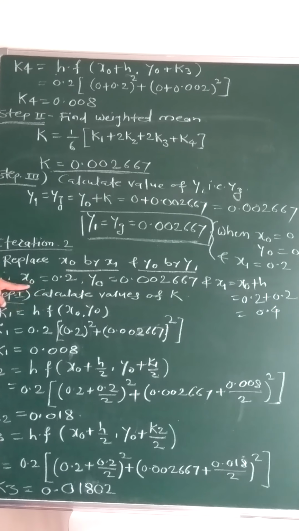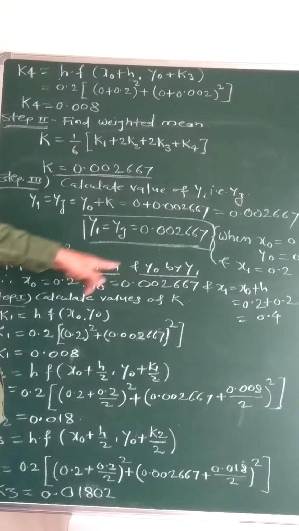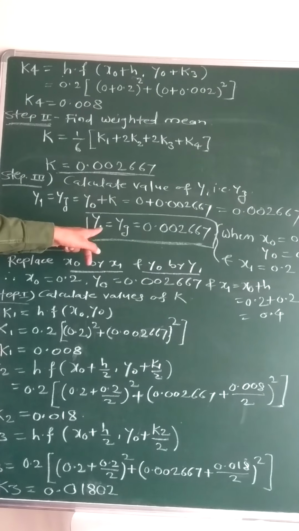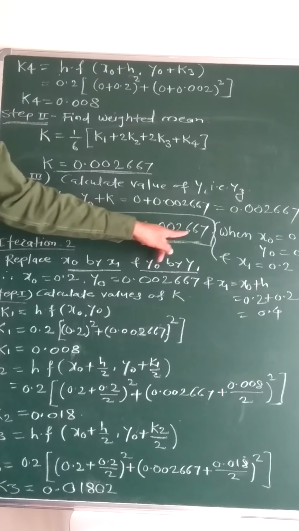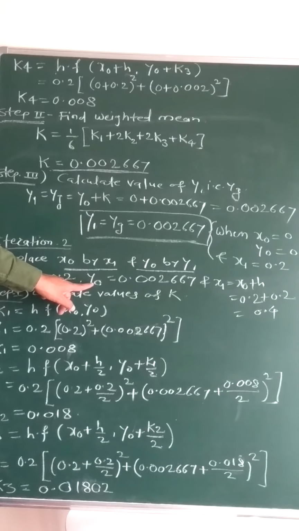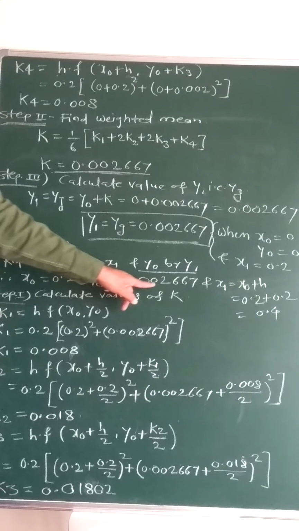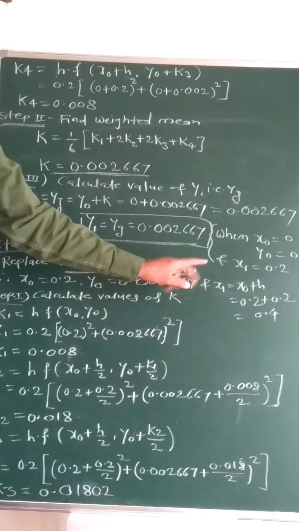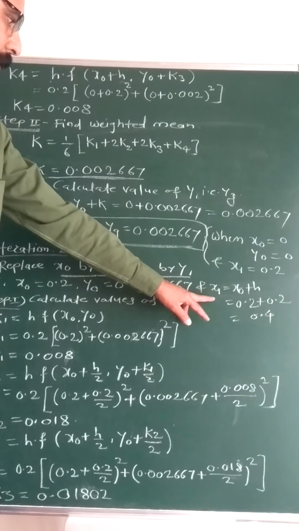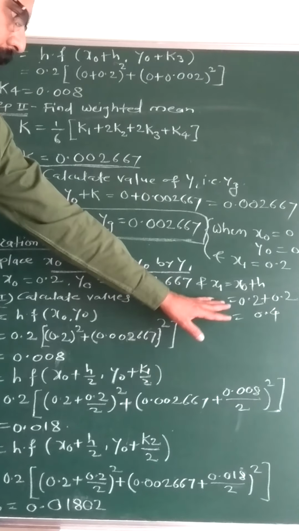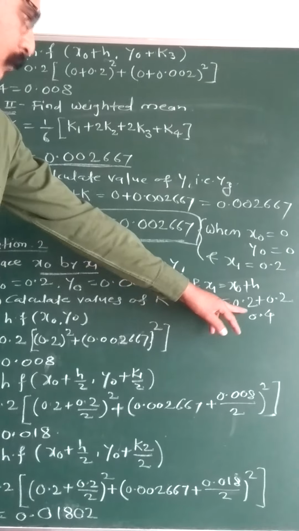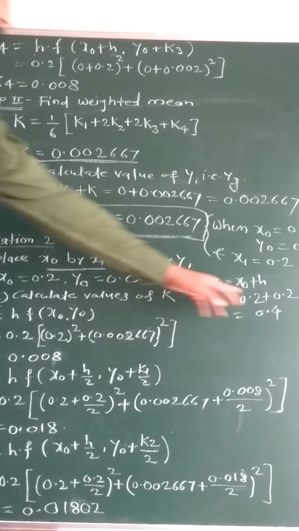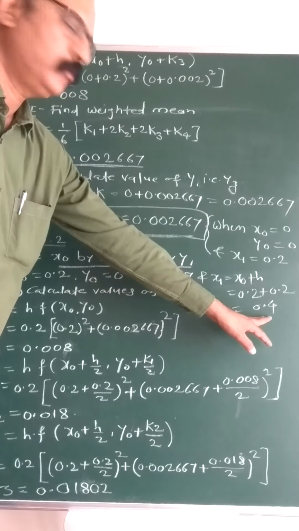Therefore x0 becomes 0.2, and replace y0 by y1. Here y1 is equal to 0.002667. Therefore y0 becomes 0.002667. Now the new value of x1 is equal to x0 plus h. For the second iteration, x0 is 0.2 plus h is 0.2, that is 0.4.